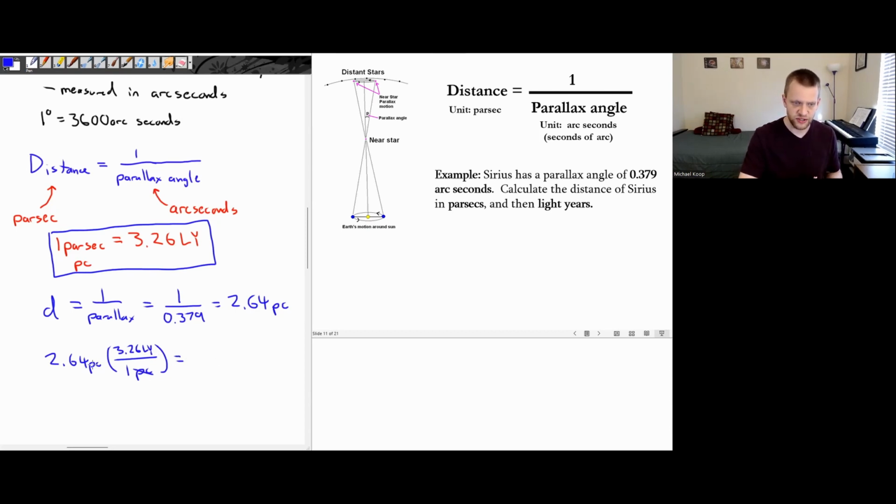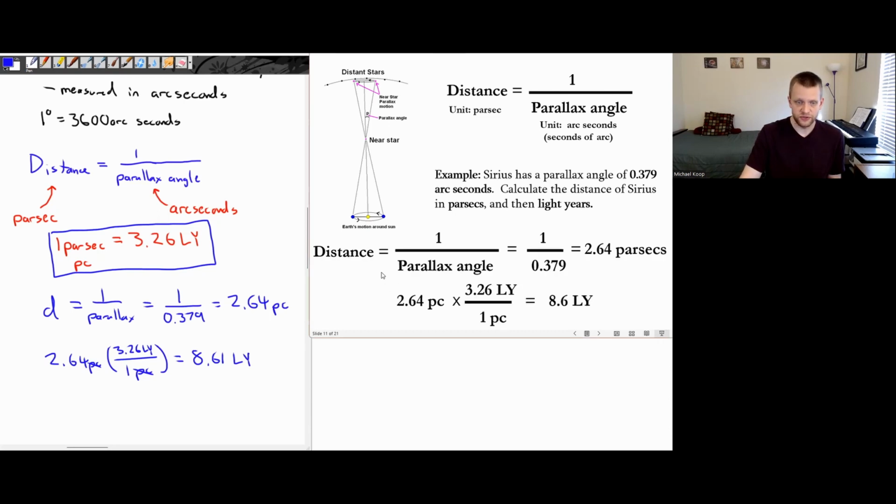The parsecs cancel out, and if I multiply 2.64 times 3.26, I get around 8.61 light years. Note that if I wanted to convert from light years back to parsecs, instead of multiplying by 3.26, I would divide by 3.26. And it looks like these numbers are matching up for that.